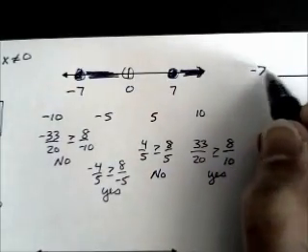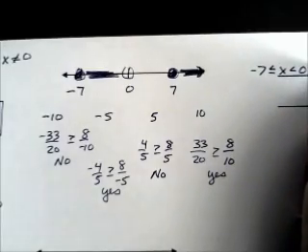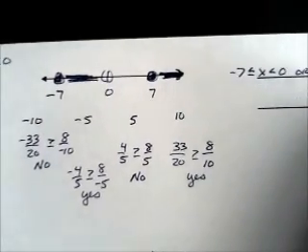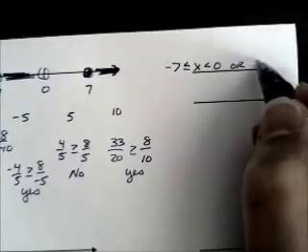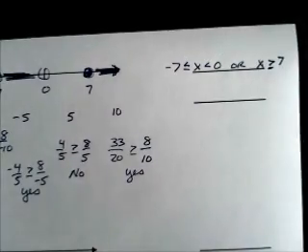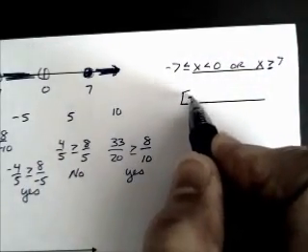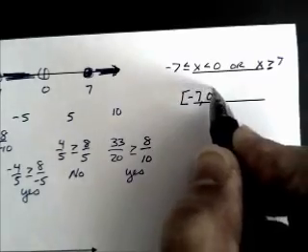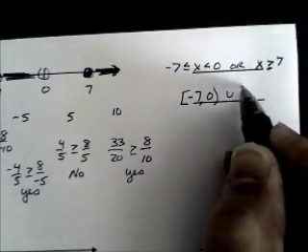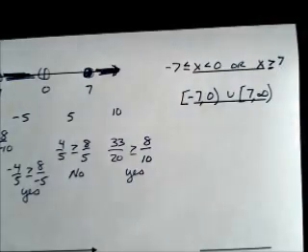This is -7 less than or equal to x less than 0, or x is greater than or equal to 7. And then interval notation, bracket -7, comma 0, parentheses, union with, bracket 7, infinity.